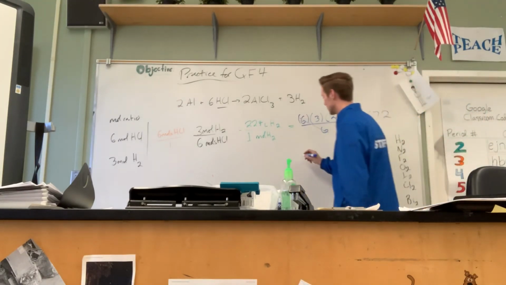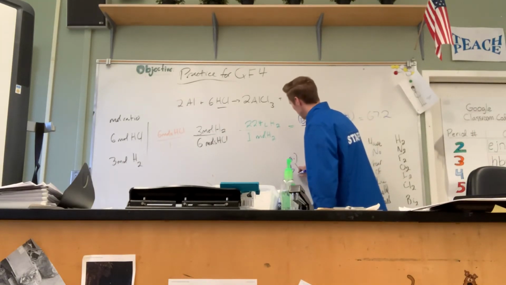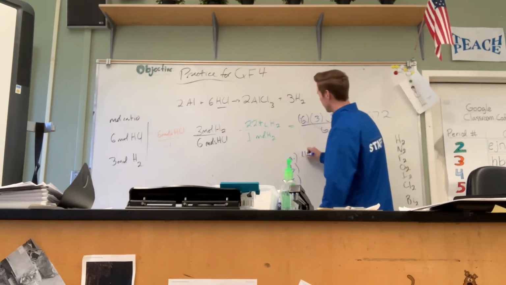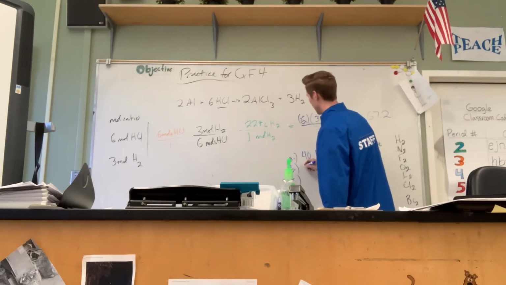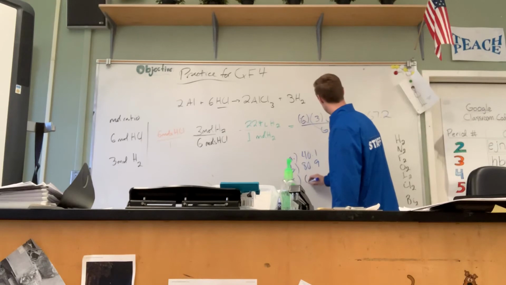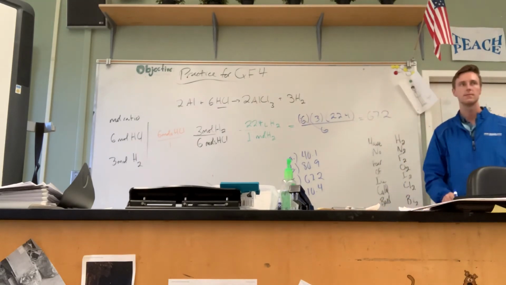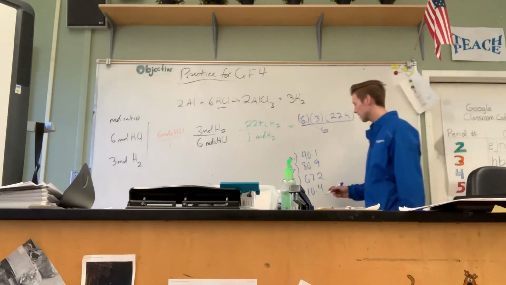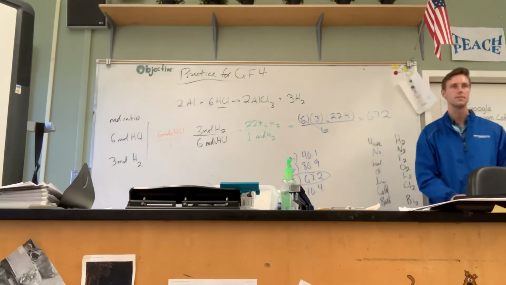If this were a test, and it will be a test, obviously, your options would look something like this: 40.1, 80.9, 67.2, and 10.4. So if you make a small calculation error, you'll still probably get the correct answer.